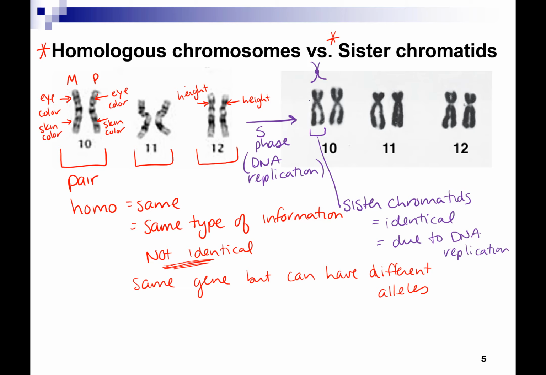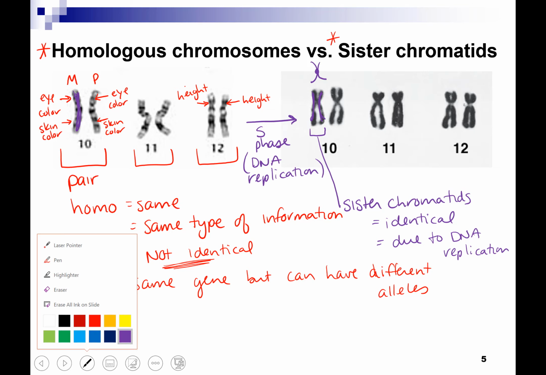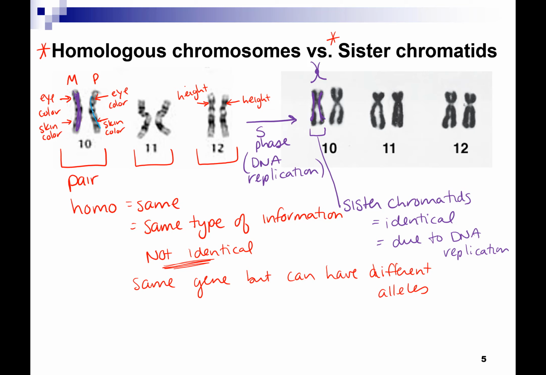So these are two identical copies. And so let's say it's this one. And then your dad's also got duplicated. And so you have two identical copies. So these are also sister chromatids.